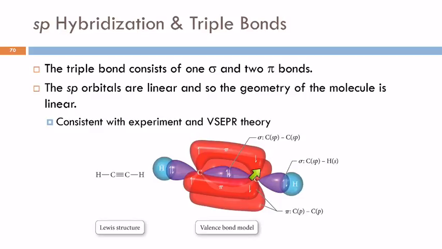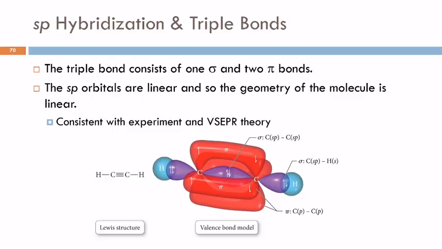We also have 2 unhybridized p orbitals on this carbon and 2 unhybridized p orbitals on that carbon, and they can overlap. So this one overlaps here and here. That forms a pi bond, and then this one that's sticking in and out overlaps and forms a second pi bond, and that's the triple bond.